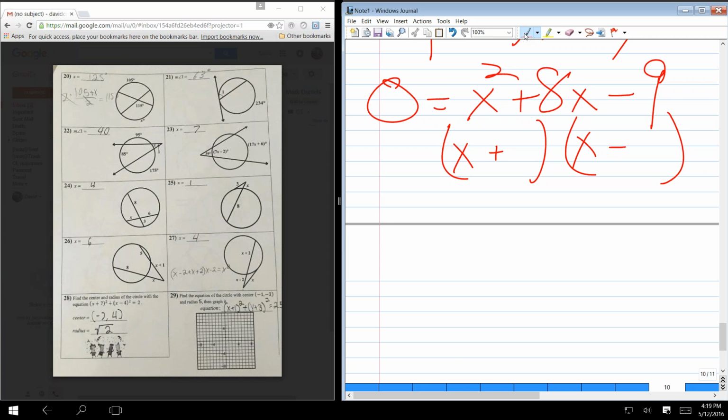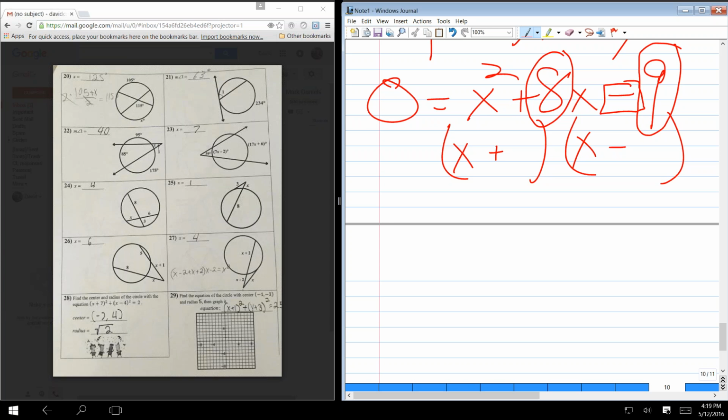Now, step 3, factors of that number that subtract, because of that sign, to the number 8. Well, what are factors of 9 that subtract to the number 8? Factors of 9, 2 numbers that multiply together to 9.